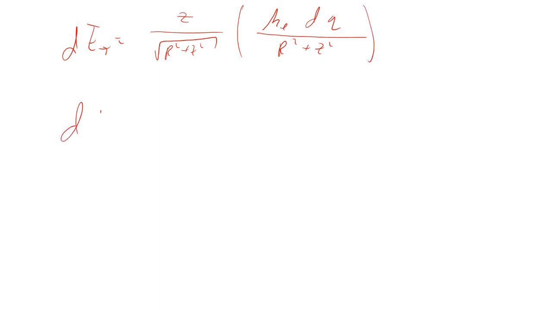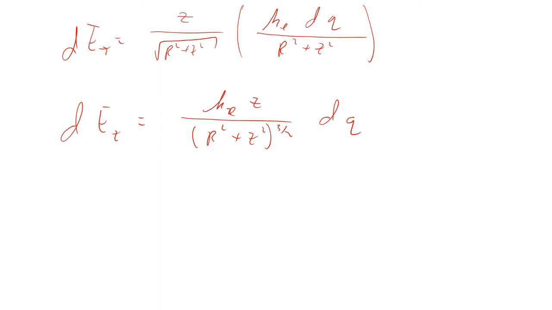So in other words, that's equal to k sub b z over r squared plus z squared to the 3/2 dq.